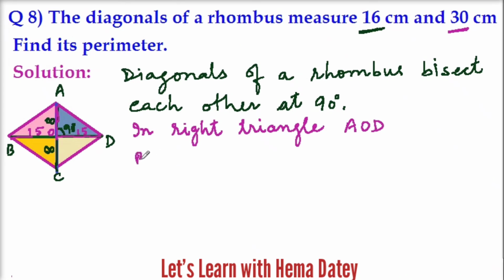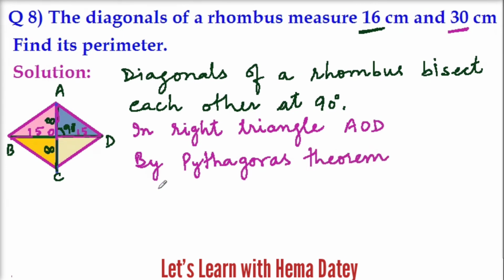Since it is a right triangle, we can use the Pythagoras theorem. By Pythagoras theorem, the side which is opposite to 90 degree, which is the hypotenuse, which is AD here, so the square of AD equals the sum of the squares of the other two sides, meaning OA square plus OD whole square. This is OA and this is OD.